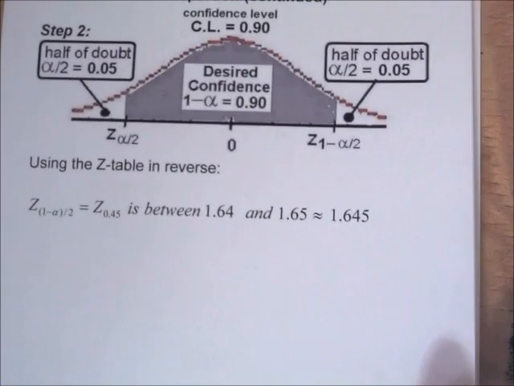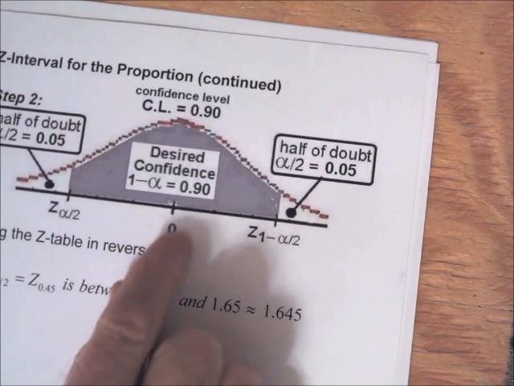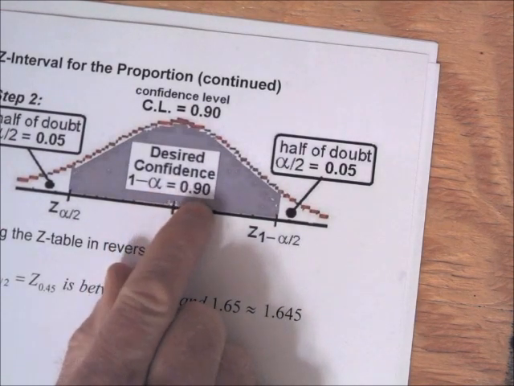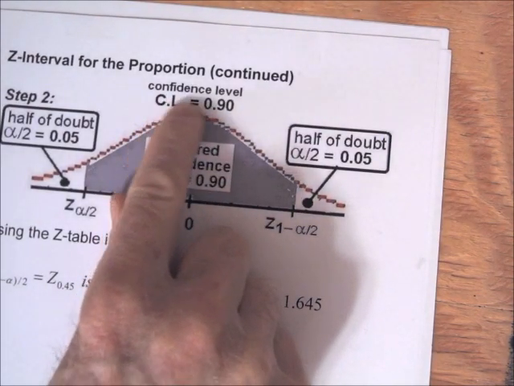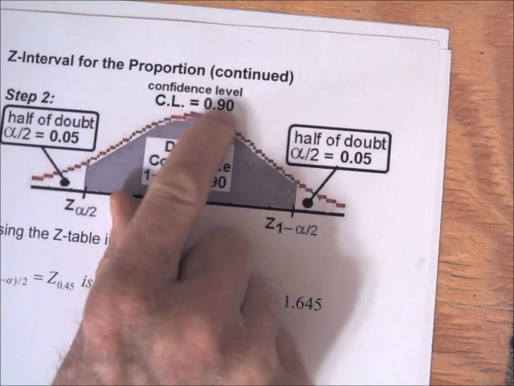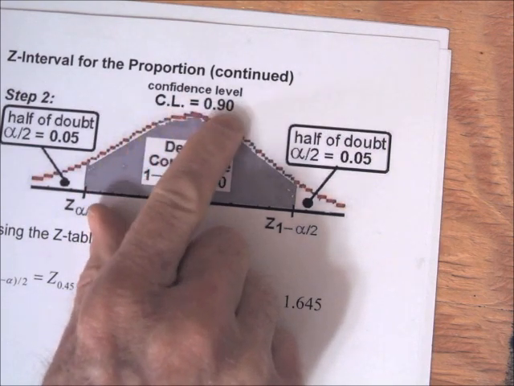Okay, so we want a 90% confidence interval. So 1 minus alpha, our level of confidence, is 0.9. In the WebAssign exercises, sometimes they ask you to fill in the blanks on a graph like this. The CL is 0.90.